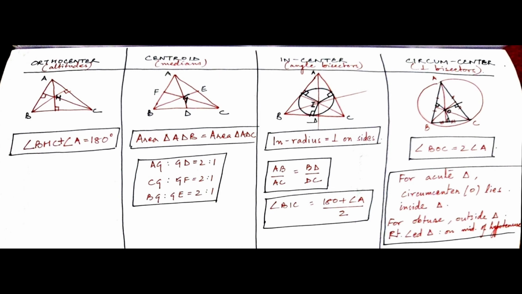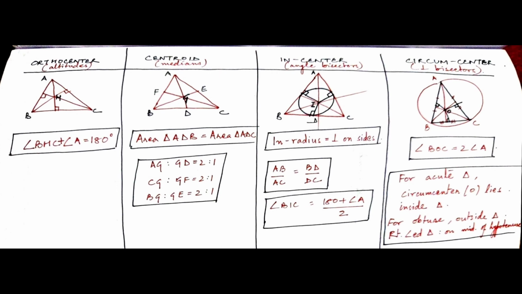These are tangents. The sides of the triangle are tangents to the incircle. Also, AB upon AC is equal to BD upon DC. We've already seen this, right? It's the same formula every time.